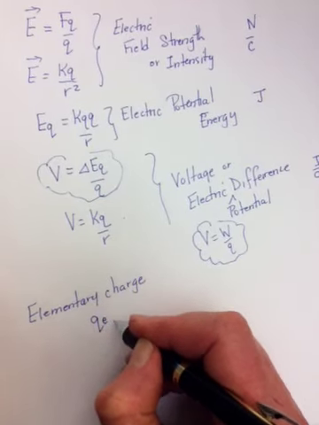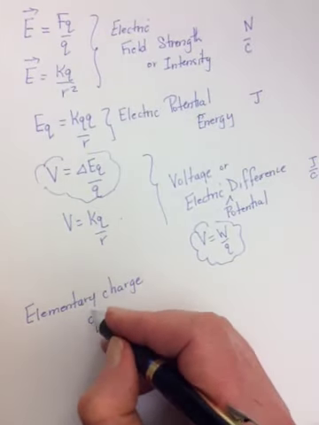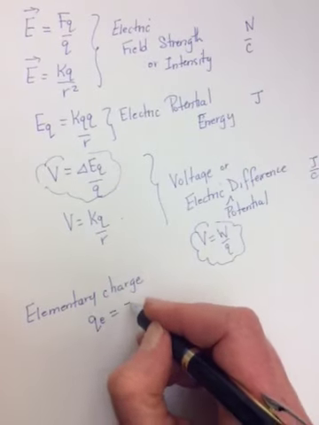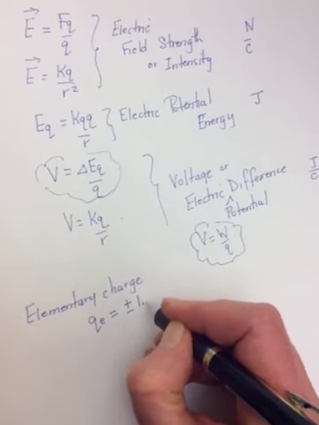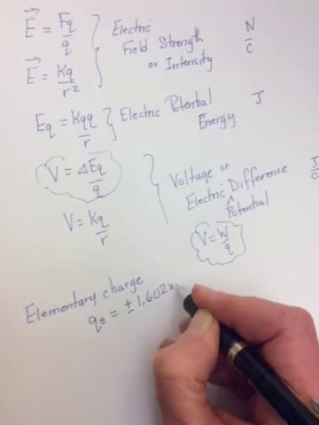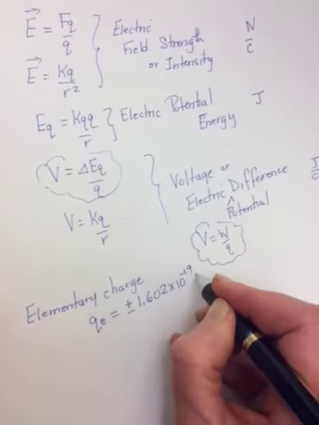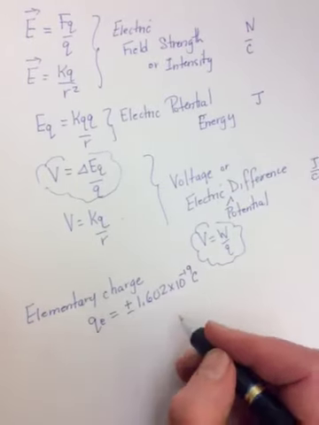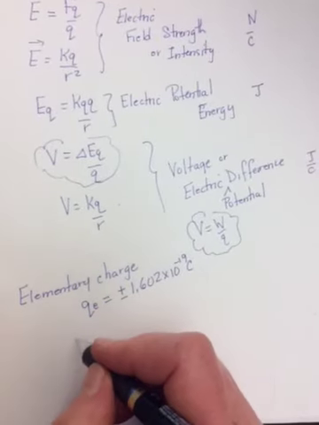We know that's not true now, but we still use the little e to denote elementary. And so they are plus or minus 1.602 times 10 to the negative 19 coulombs, plus if it's a proton, minus if it's an electron.